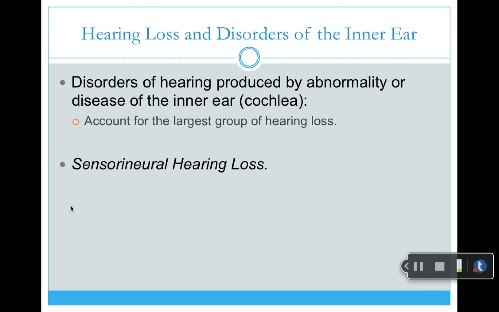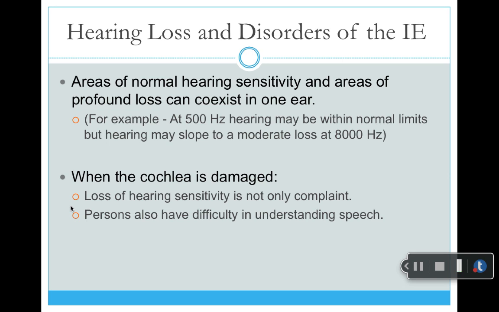Okay, so any disorders produced by abnormality or disease in the cochlea are sensory neural hearing losses, and sensory neural hearing losses are the largest group of hearing losses. With this sensory neural hearing loss, you could have areas of normal hearing and areas of profound hearing loss.